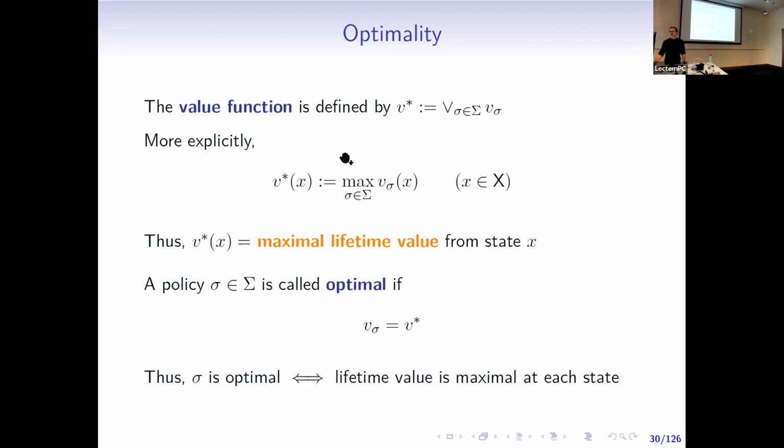We're going to try and find the optimal policy a little bit more systematically. But anyway, now we've got the value function defined very clearly, and we can say a policy is optimal if it attains the value function. The policy is optimal exactly when it produces maximal value. The policy is optimal if it's the one that maximizes here for all x.